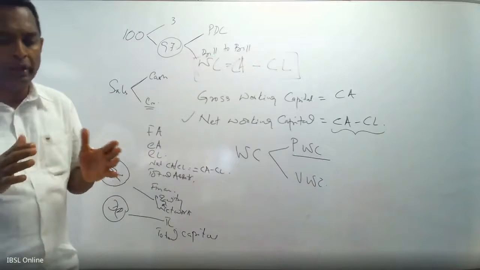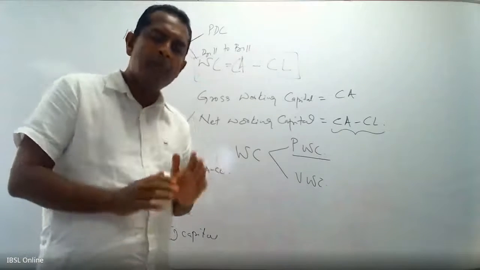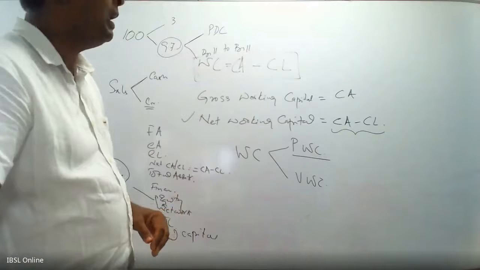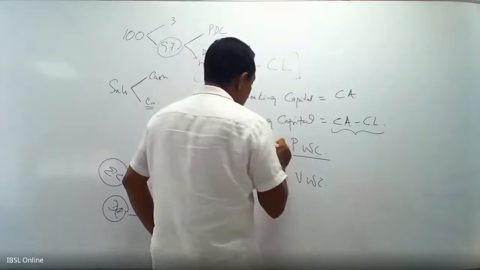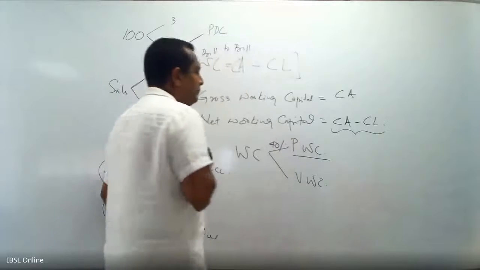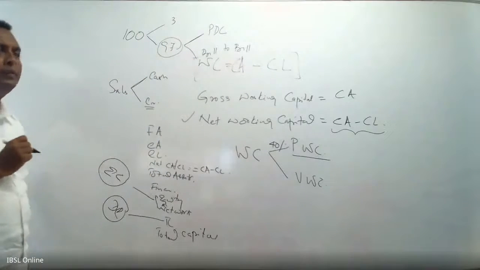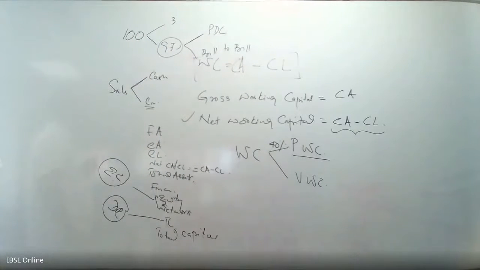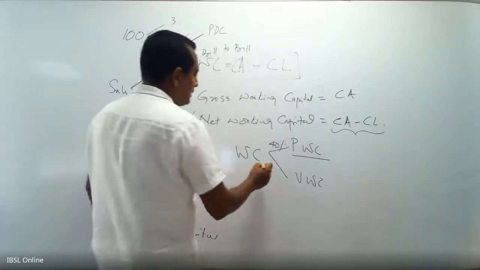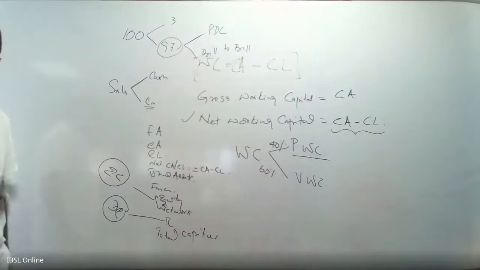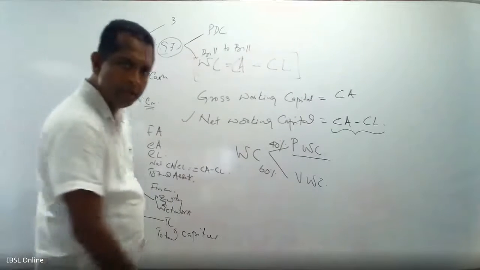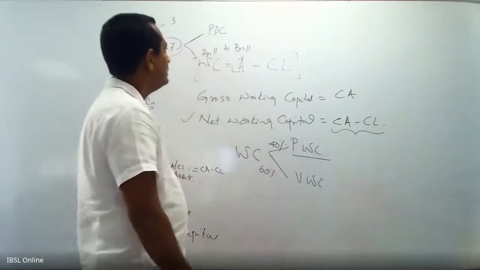So we call that portion of the working capital permanent working capital. Normally, we assume, it is an empirical thing, that 40% of the working capital is permanent. 60% would be variable, right? Then you can see here.